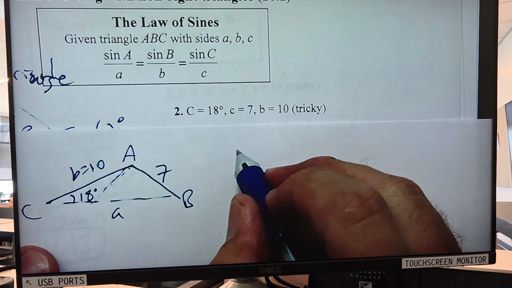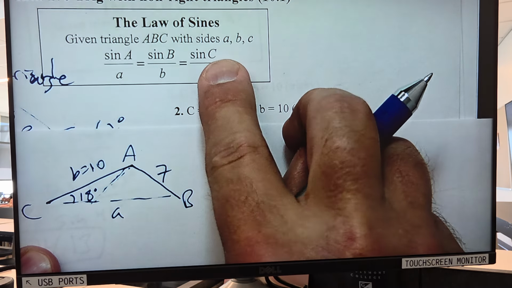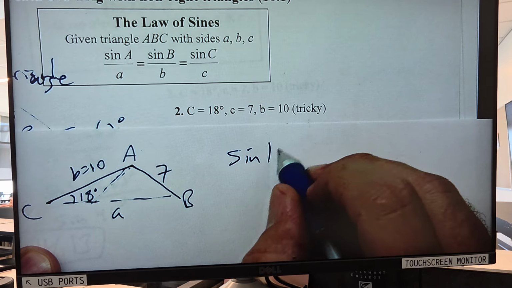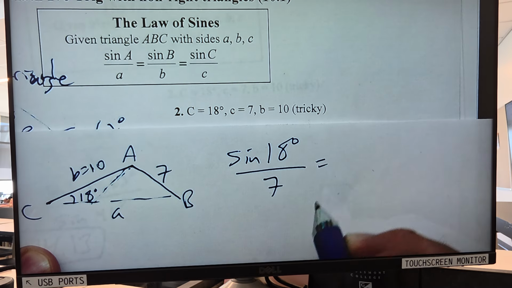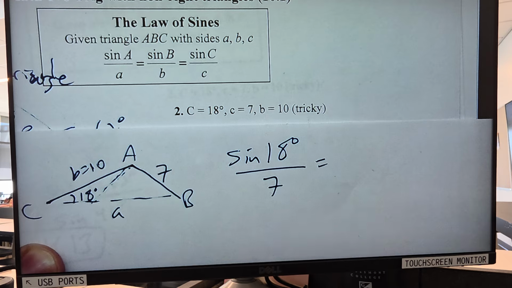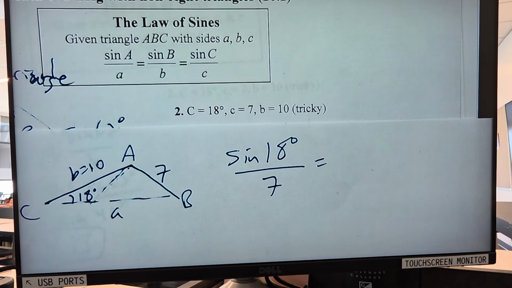Help me out: sine of C over 7 equals... what's the only other one? Can I do anything with A? Why not? Because I don't know either one, so I have to do B. This is different from the first one in a few ways: I have different parts given to me. So I have to do B, which is kind of nice.